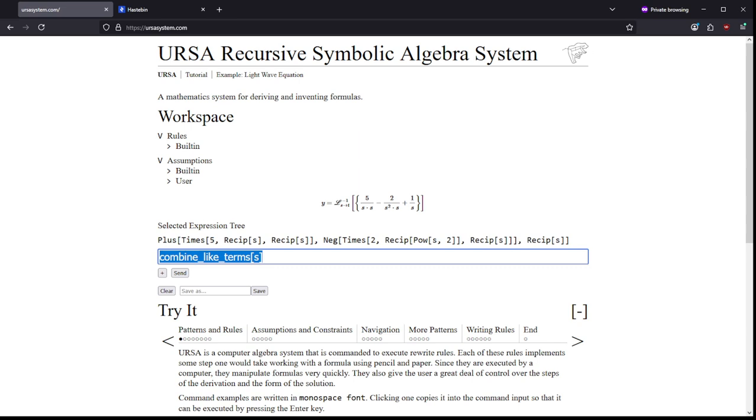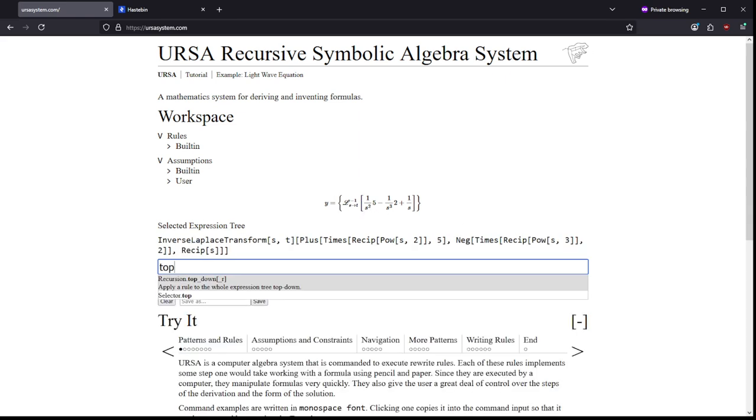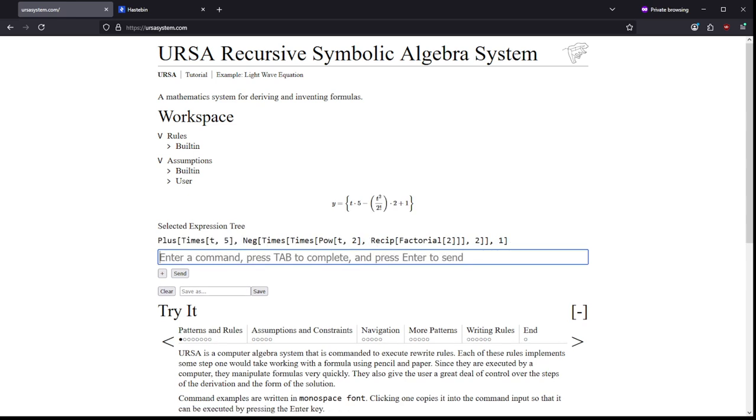I would like to run this top down on the expression tree. So top down combine like terms of s, and it takes that s times s and turns it into an s squared and so on. So now we can do top down inverse Laplace transform, and that's the answer.